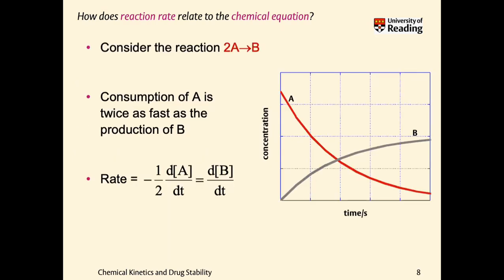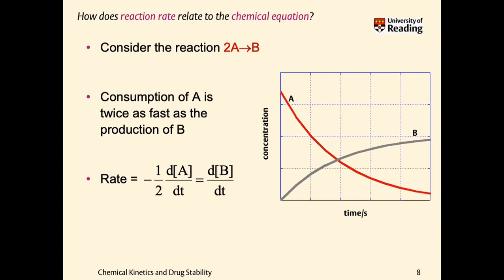In a case where we have two reactant molecules forming one product molecule, so 2A going on to form 1B, if you are measuring the rate of this reaction, you need to know that the A molecules will be consumed at twice the rate as the B molecules are formed.